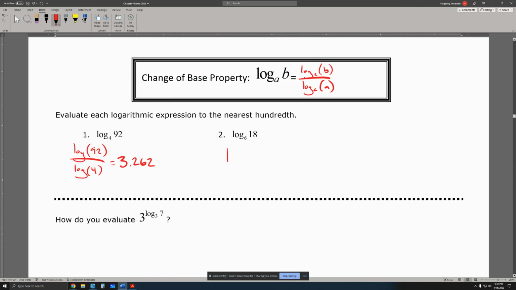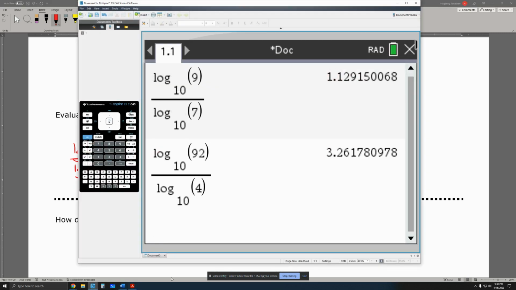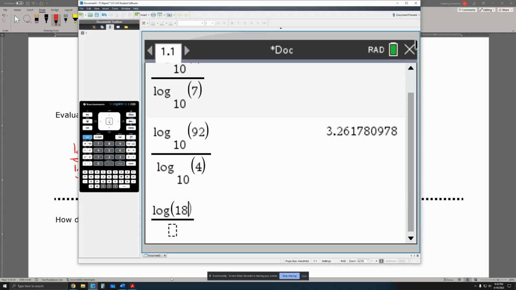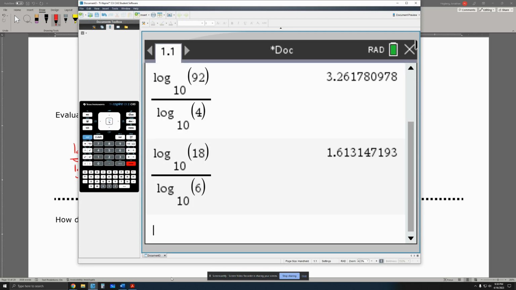Next up, log of 18 over log of 6. Control divide, log of 18 divided by log of 6, control enter, 1.613.